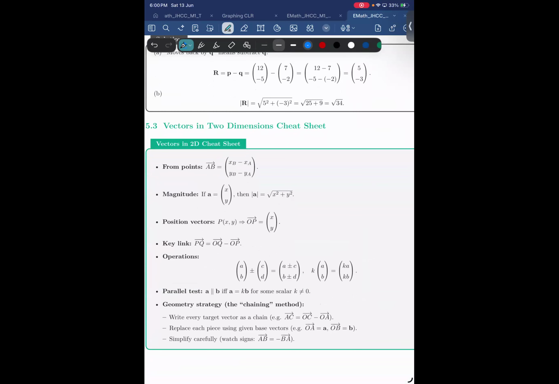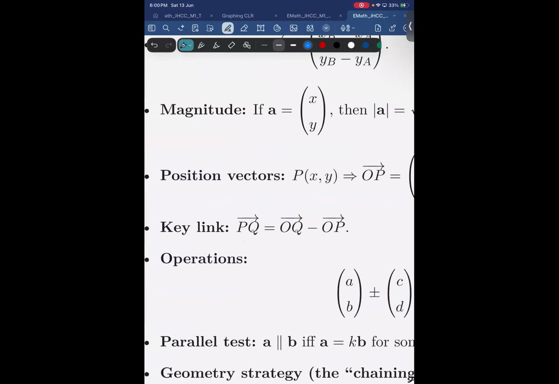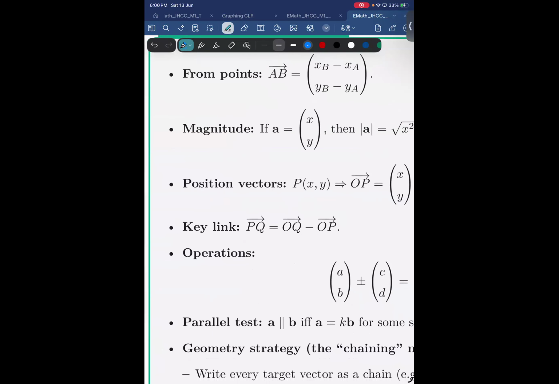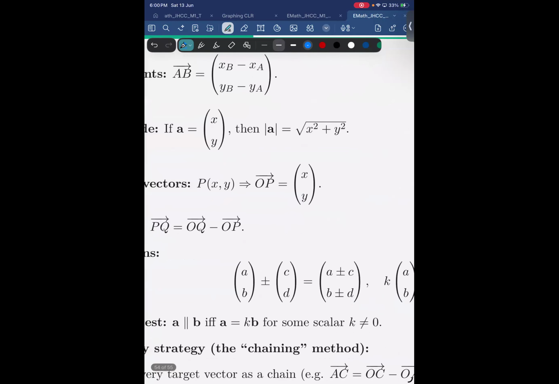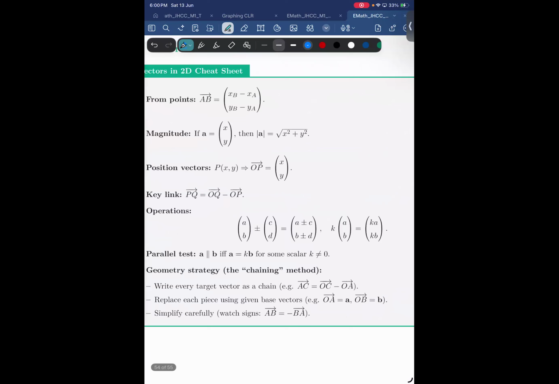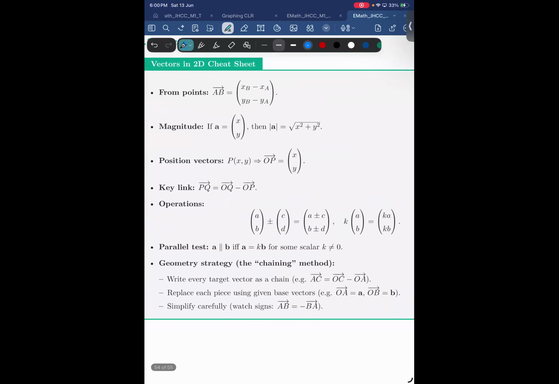How to calculate a position vector from two given position vectors, how to calculate the magnitude, what is a position vector and how to calculate it, the most important formula which allows you to decompose any vector in terms of two position vectors, how to add, subtract, and scalar multiply vectors, how to check whether two vectors are parallel, A equals K times B, and the idea that you want to express all the vectors in the diagram in relation to the two vectors that you originally have. You don't want to have too many vectors involved in the calculation.